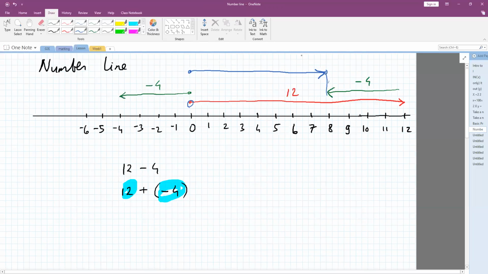So this is actually the value. That's how you can visualize these real numbers on the number line. When you have 12 minus 4, it's like you have 12 and then plus -4. And now you see where the 12 goes and the -4 goes.